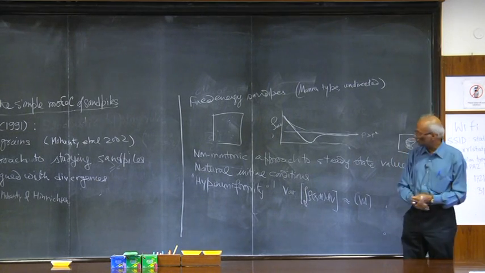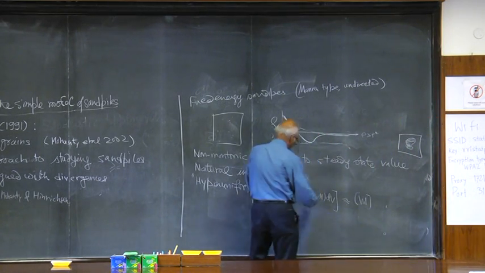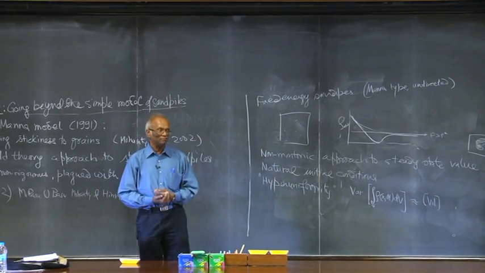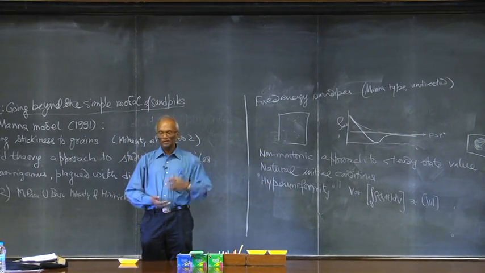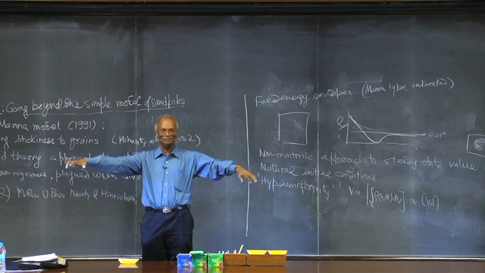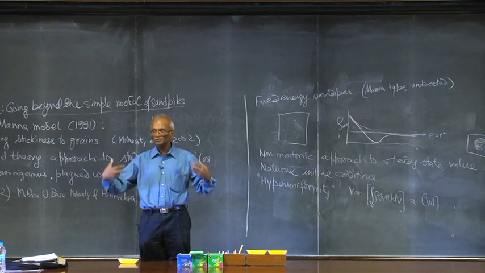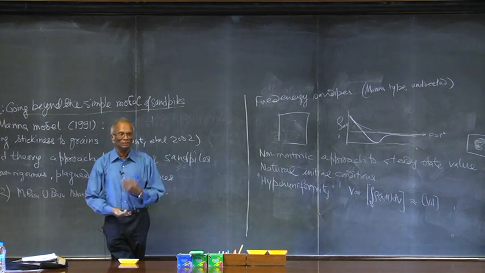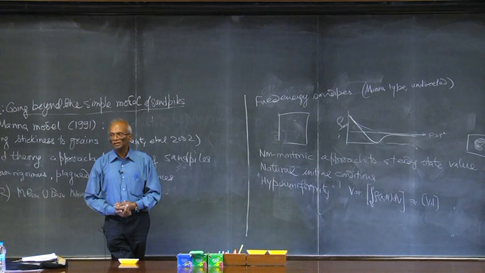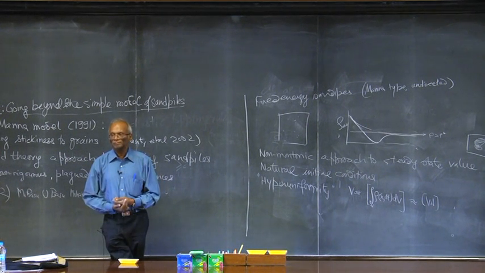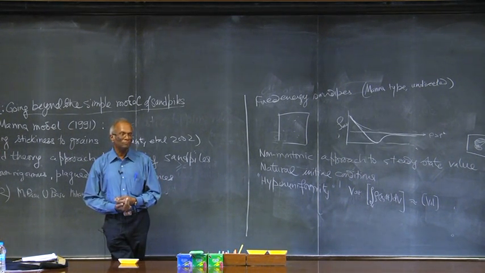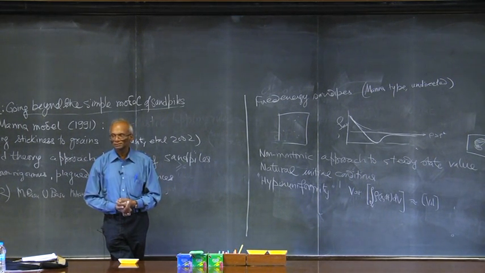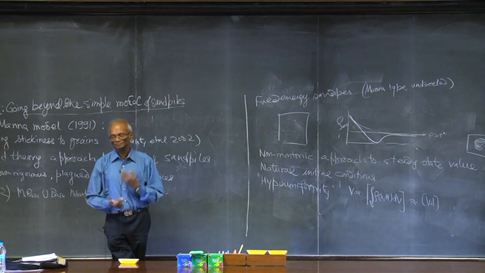So, then if you want to say that these fields are correlated at large distances, that means there is an effective interaction between them at large distances. If there is a depletion of density here, there is a depletion of density here, there must be some effective interaction between these depletions, then you have to write that term in the effective Hamiltonian, which will again be very non-local and very messy.